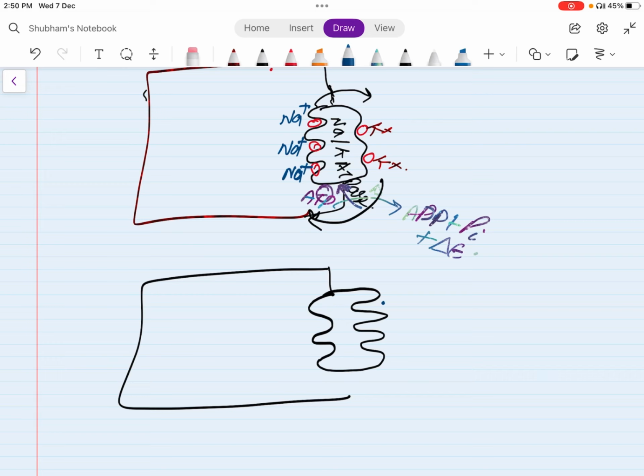Now what happened? Our sodium gets outside and our potassium gets inside. So what does it do?